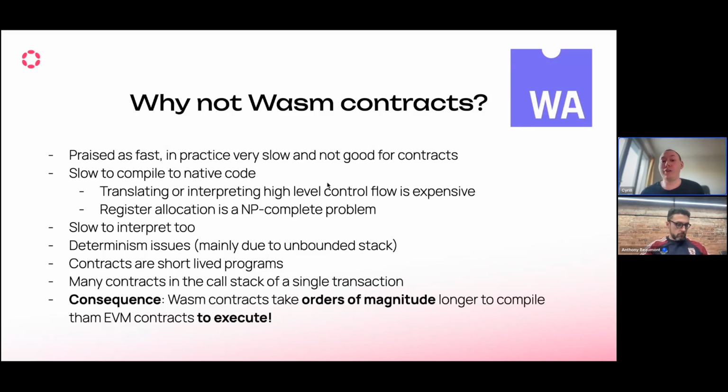By the time your WebAssembly contracts have finished compiling and you start actually executing the contract, the EVM would have executed the same contract dozens of times or even 100s of times. And this is really bad, because no matter how much faster WebAssembly is, in practice, WebAssembly just loses hard in the average contract case.